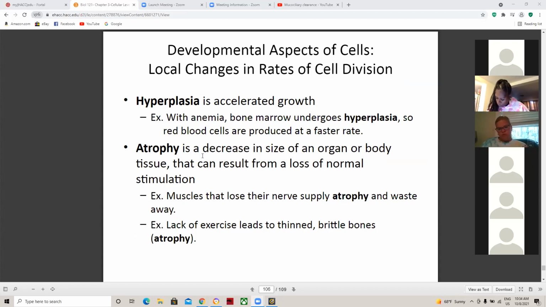Atrophy is a decrease in the size and number of the cells within an organ or body tissue. Muscles that lose their nerve supply often will atrophy and waste away. A lack of exercise can lead to thin and brittle bones, or atrophy of those bones.